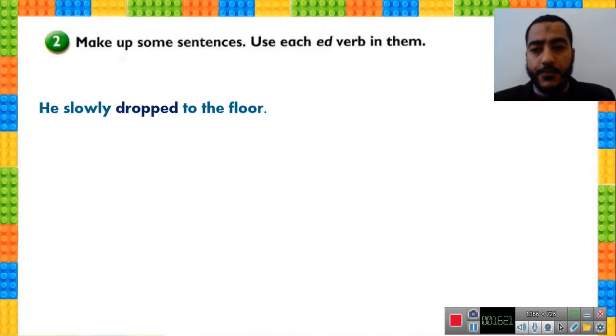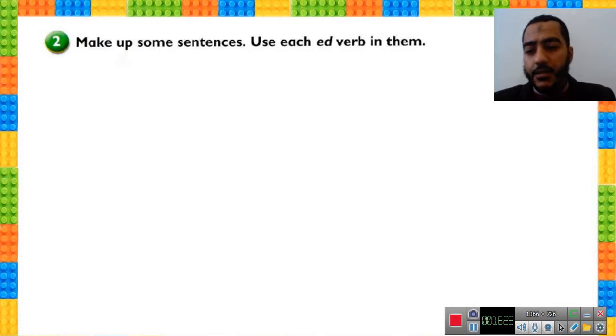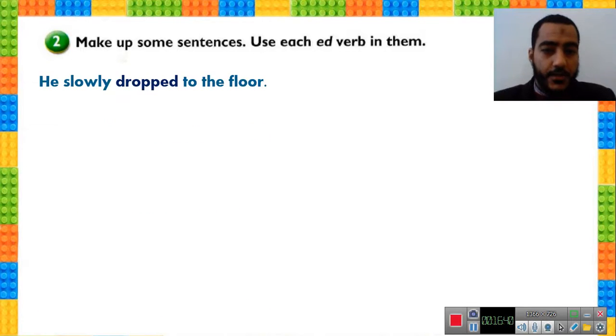Next exercise. Here it's your turn to make some sentences. Take your time now. Stop the video and make some sentences about the verbs that we answered. Okay, let's read. The first sentence, drop, dropped.